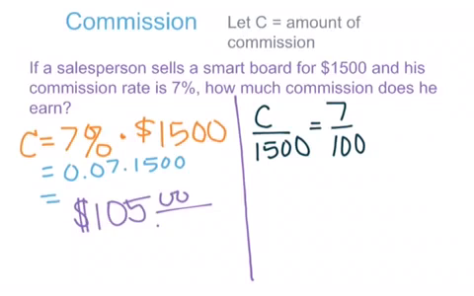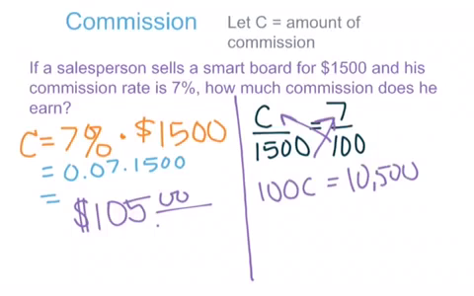Alrighty, now if you want to do the proportion route, you put your commission, which is the amount of commission, over the total sales, which is 1,500, equals your percent, which is 7 out of 100. We're going to cross multiply here. 100C equals 10,500.